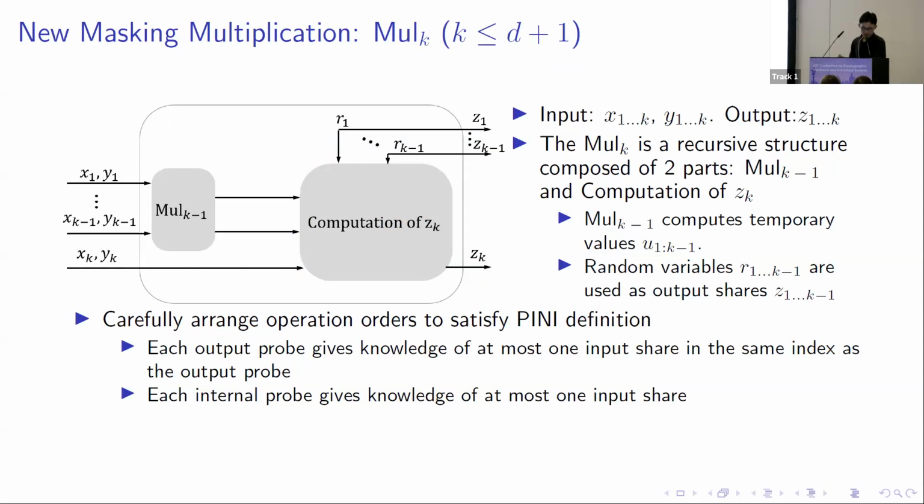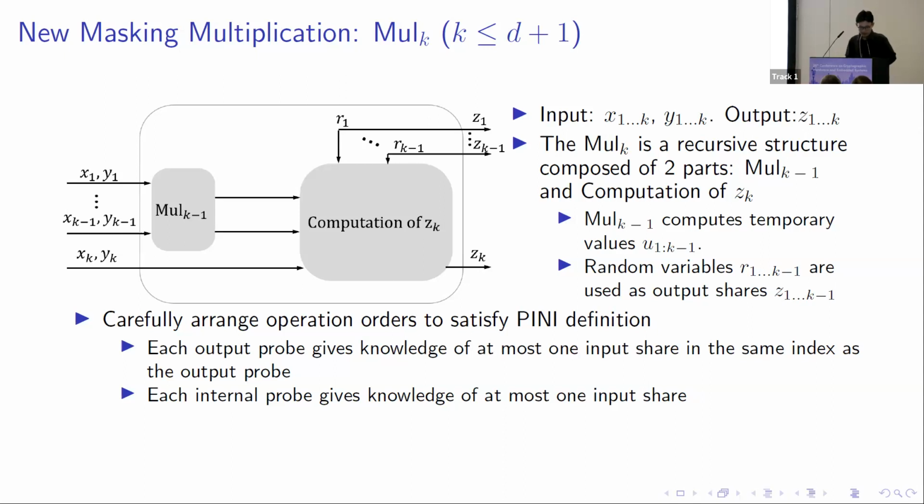Now I will present our new multiplication gadget with K shares step by step. It takes X1 to XK and Y1 to YK as input shares and returns Z1 to ZK as output shares. K is less than or equal to D plus 1. From an overall perspective, it is composed of two parts: the multiplication part with K minus 1 shares and the computation of ZK, forming a recursive structure.